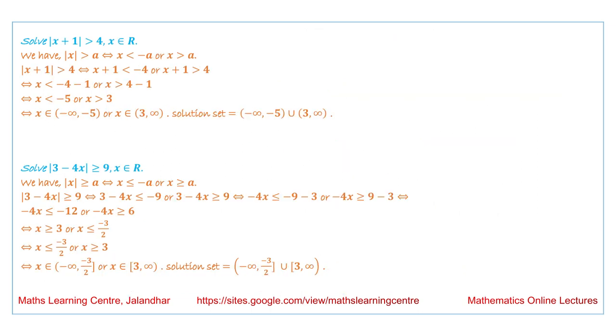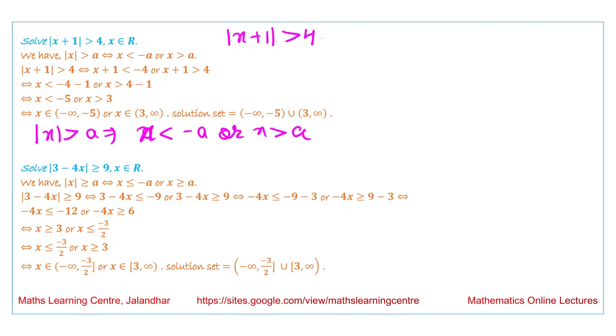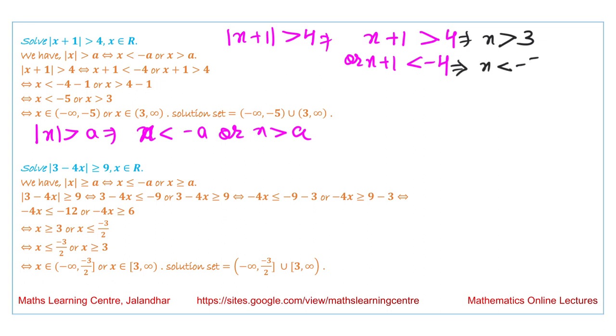Next is solve mod of x plus 1 is greater than 4. So we have seen the formula that mod of x is greater than a. This implies that x is less than minus a or x is greater than a. So this implies that x plus 1 is greater than 4 or x plus 1 is less than minus 4. This first part implies that x is greater than 3 and the second part implies that x is less than minus 5, and it is or in between these two.